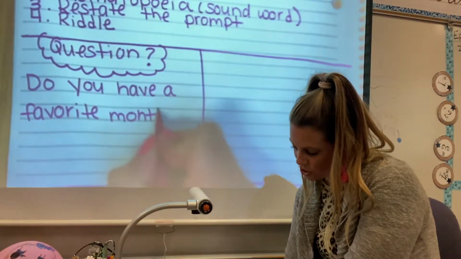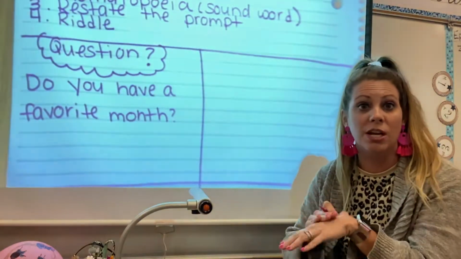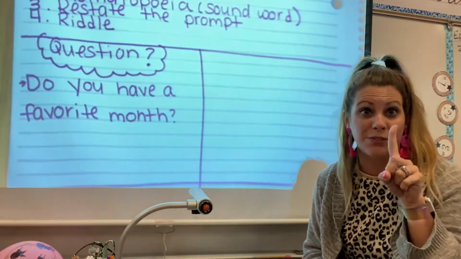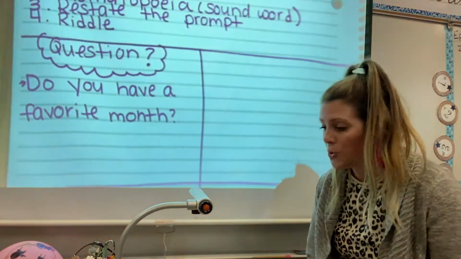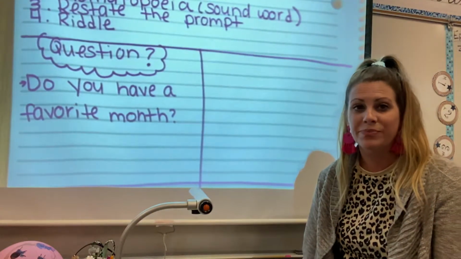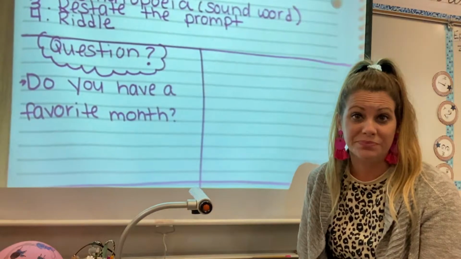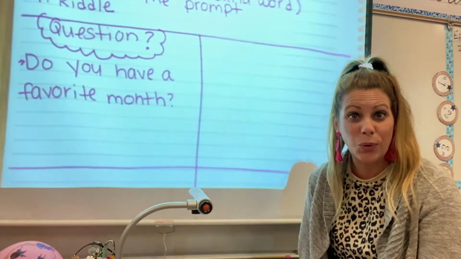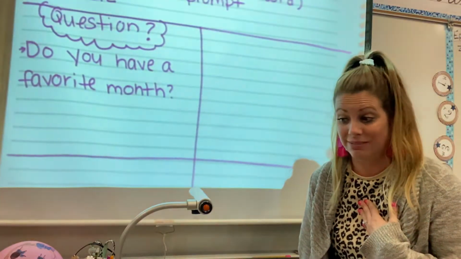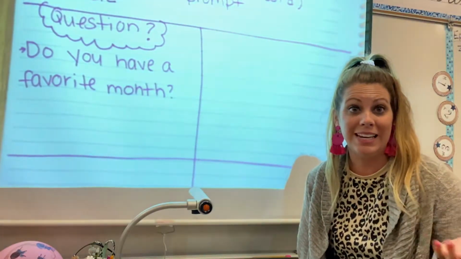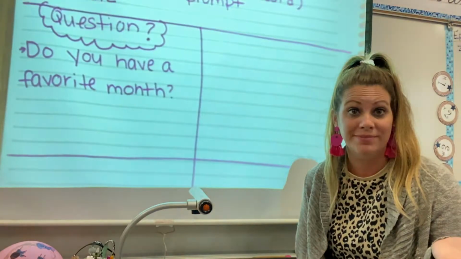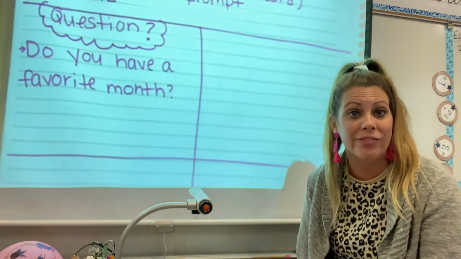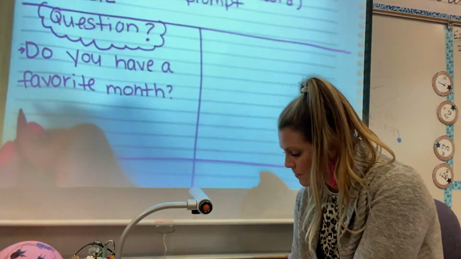And remember, we should be skipping lines, and shame on Mrs. Harp, I forgot to indent, so I'm just gonna draw a little arrow, but if you can, indent. So do you have a favorite month? Now, in a question, you wanna pull them in a little bit more and answer the question. So I'm gonna say, I do. It is, do you remember my favorite month? May. You can copy mine, or you can add the month that you did.